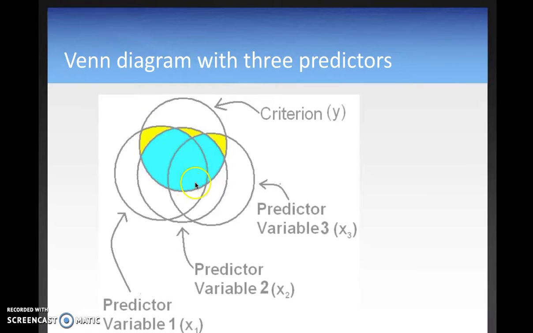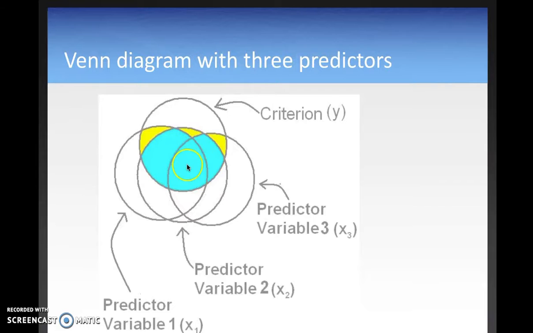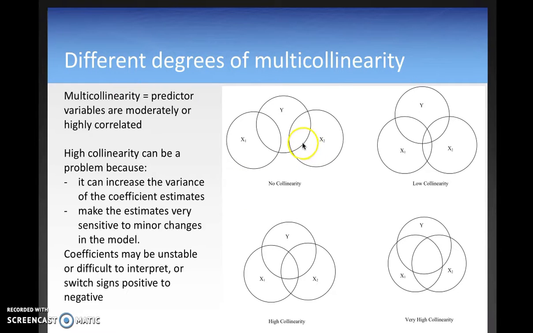However, an issue could be the problem that's called multicollinearity. That's the correlation between the predictors. Right? Ideally, we'd have no collinearity. Collinearity means the correlation between two or more predictors. So this is great, right? Low collinearity is also okay, right? We increase the variance here that we explain of this variable y.